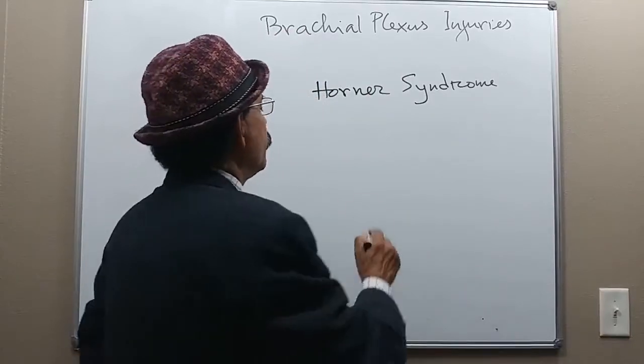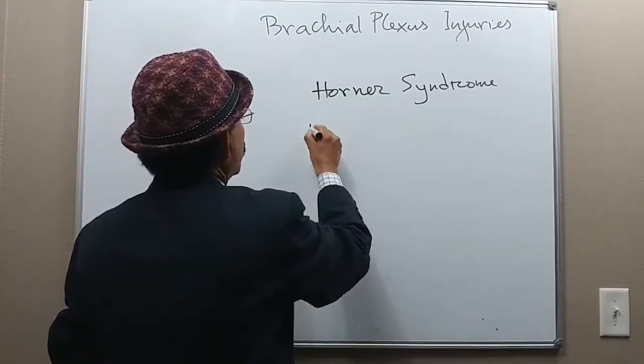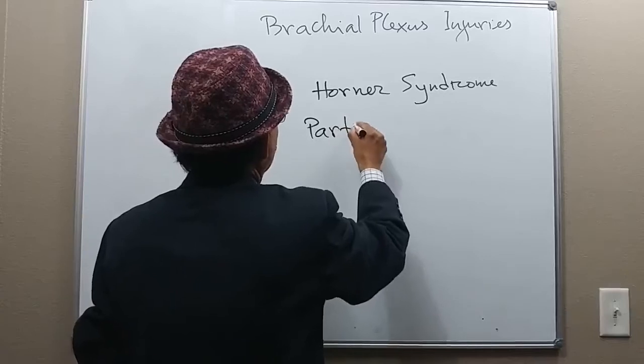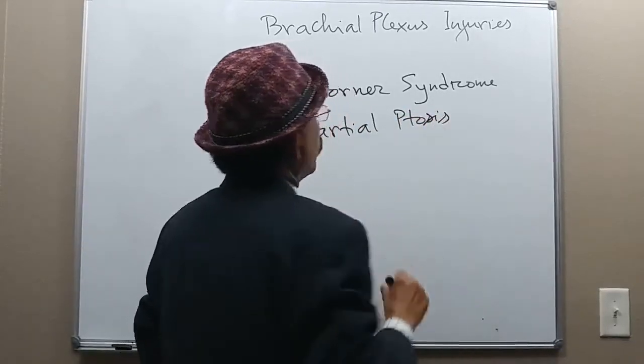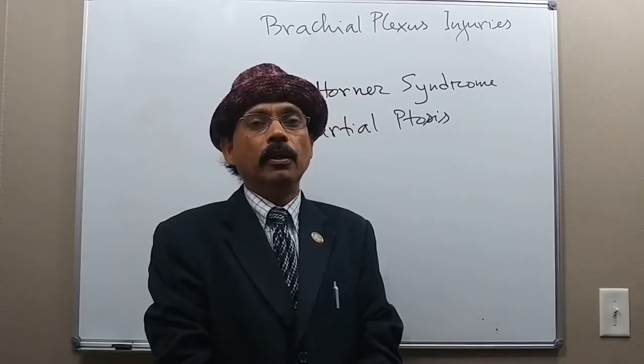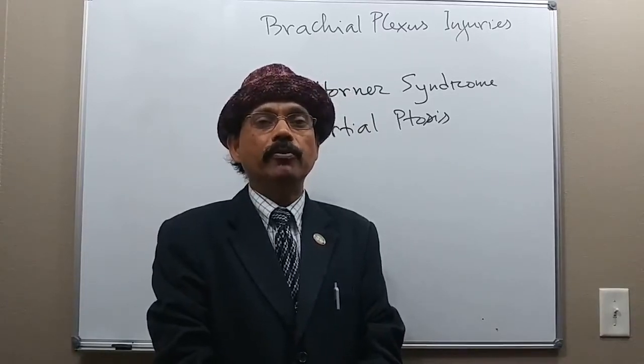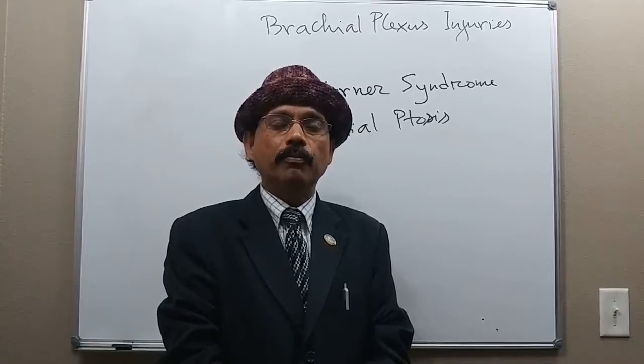And in Horner syndrome, we'll get ptosis, partial ptosis. Cervical sympathetic ganglion goes along with the blood vessel to supply the dilator pupillae.